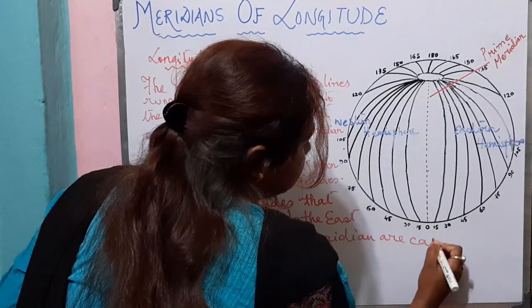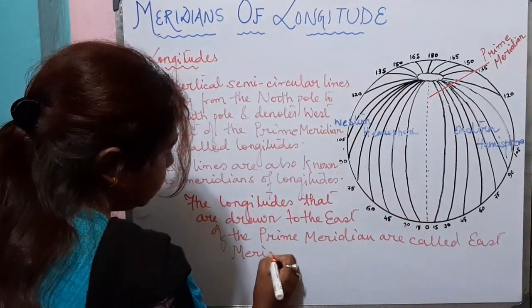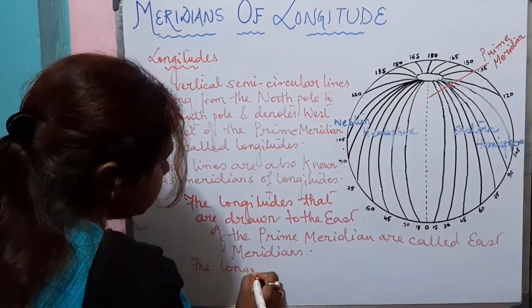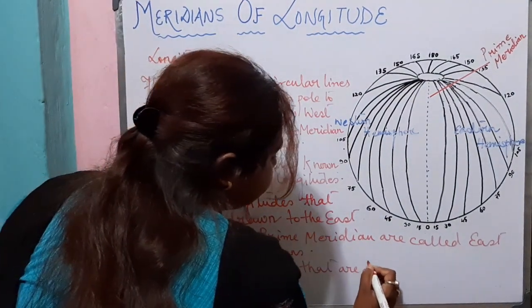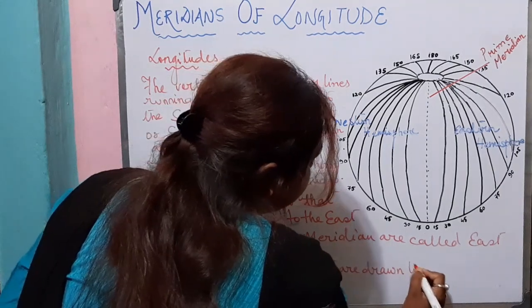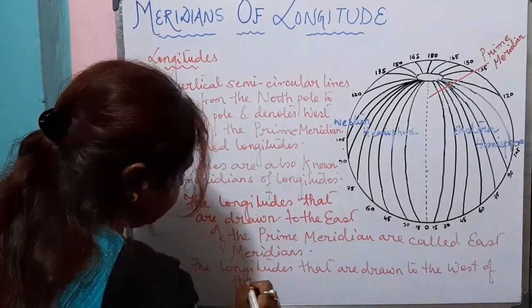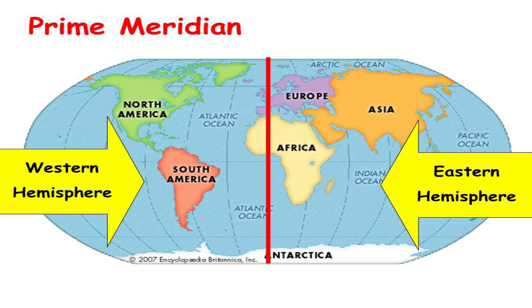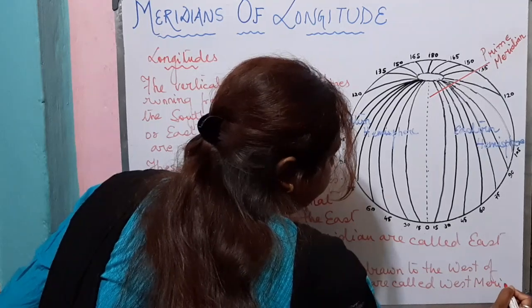Are called east meridians, and the longitudes that are drawn to the west of the prime meridian are called west meridians.